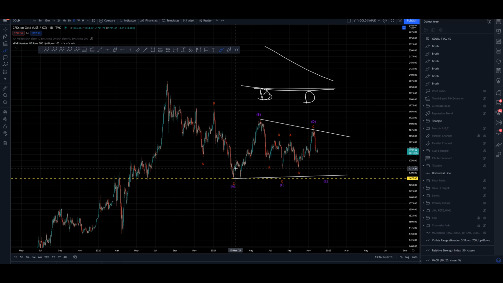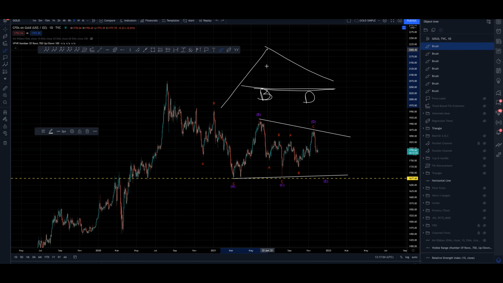Either way, my point still stands: this is basically flat, very close to being flat, which makes it look more like a barrier triangle than a symmetrical triangle. So this is normally like an A, B, C, D, E reversal.